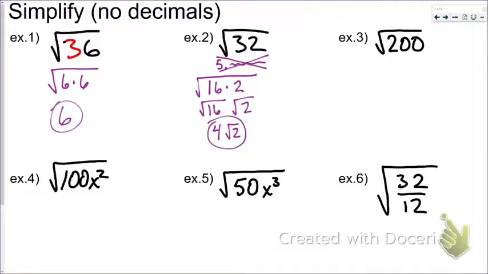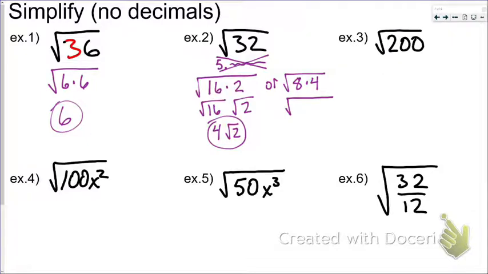If for some reason you don't think of 16 times 2 first, maybe you think of 8 times 4. Well, 4 is a perfect square, but 8 also has a 4 in it, so you have to keep breaking this thing down. I stopped over here because 2 isn't a perfect square, but 16 is.